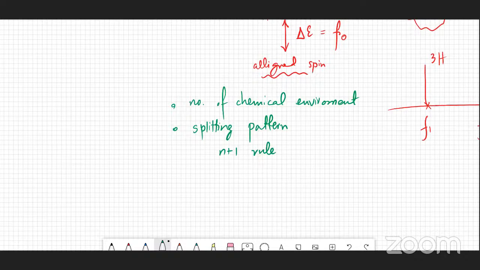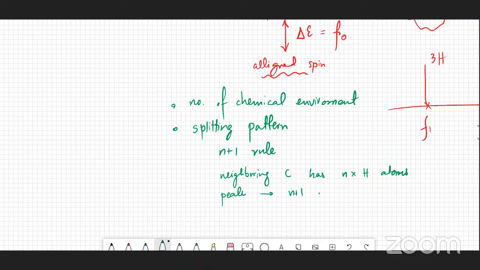The rule is, if the neighboring carbon has n hydrogen atoms, the peak would have n+1 subpeaks, or it would be split up into n+1 peaks.